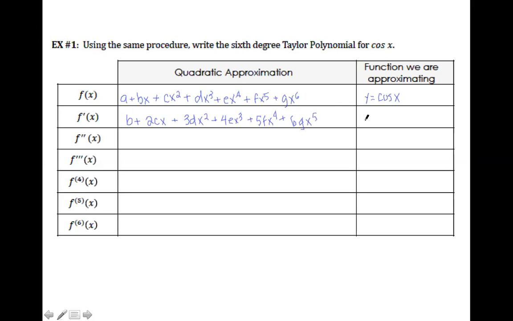All right, derivative of cosine is negative sine. All right, derivative of b would be 0. Derivative of 2cx is 2c, so I keep going, using the general power rule here to simplify.